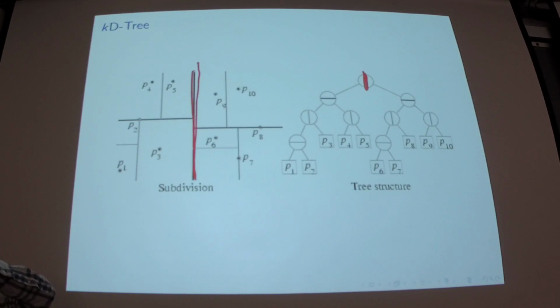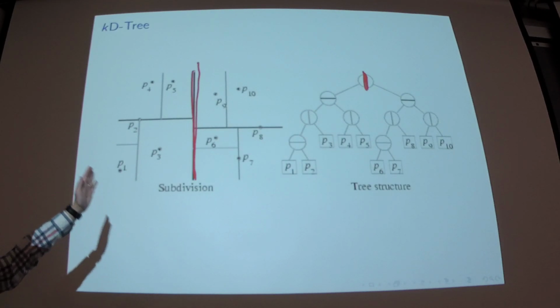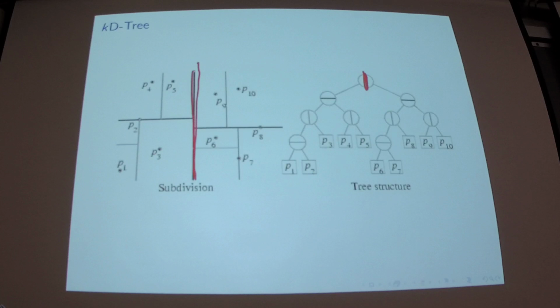If I want to look for a query point, I decide whether the x coordinate is greater or less than this value. Then I do these next two splits in the y direction. The third time down, I'll switch to the z direction if I have it. Otherwise, I start cycling through these dimensions again.